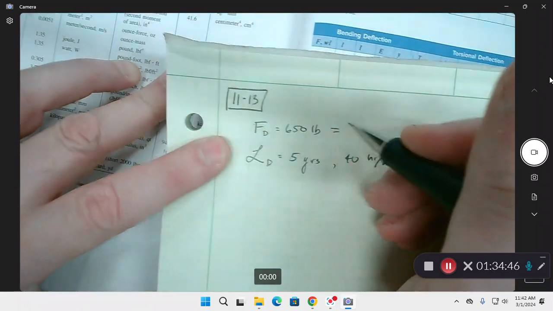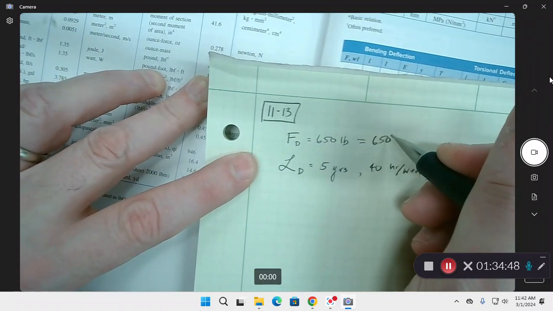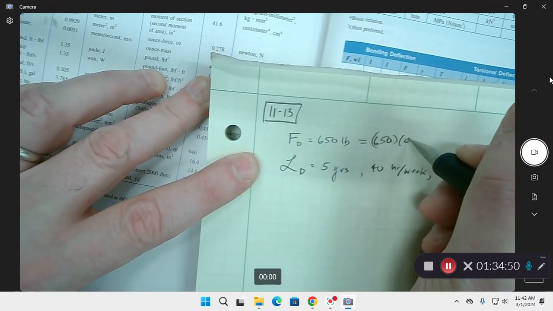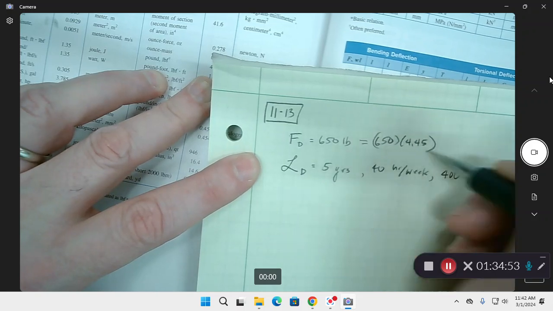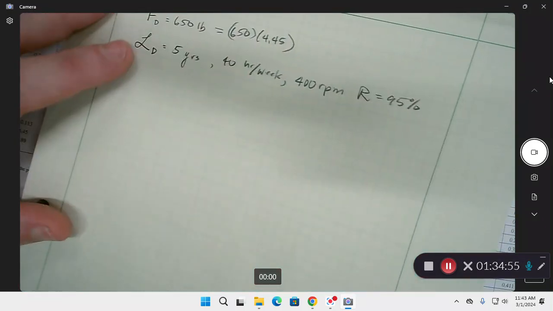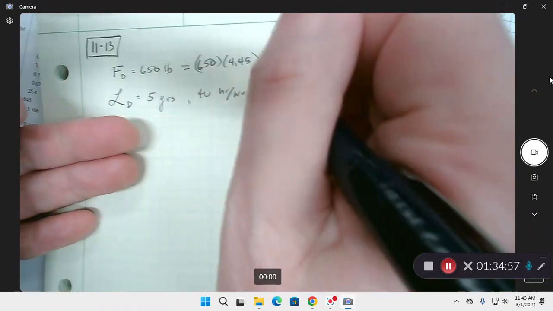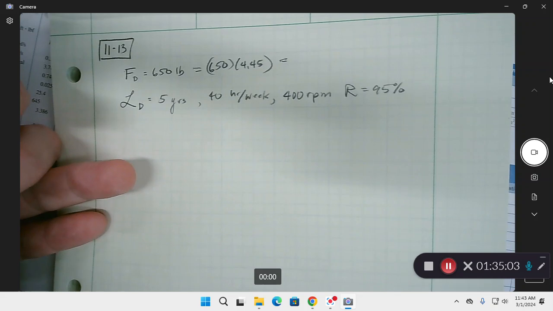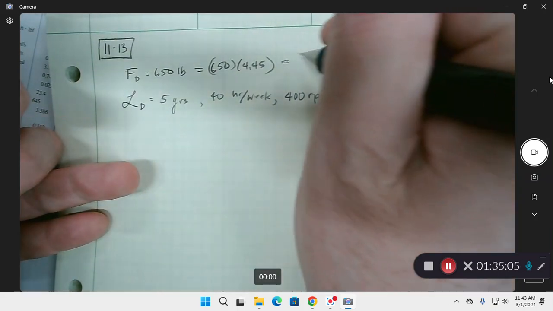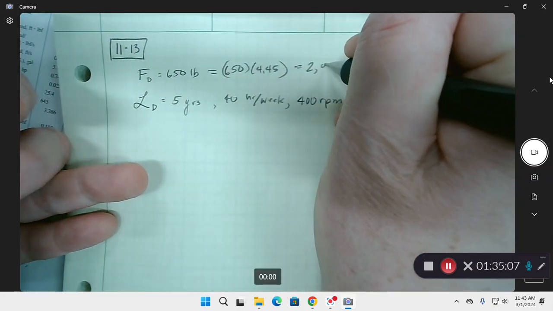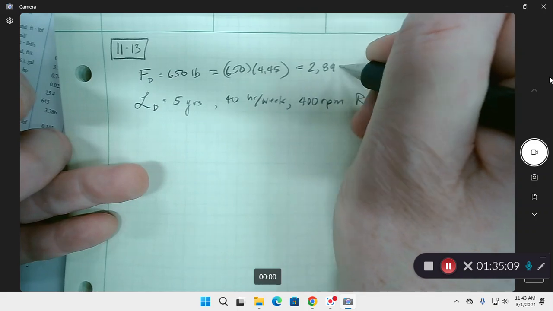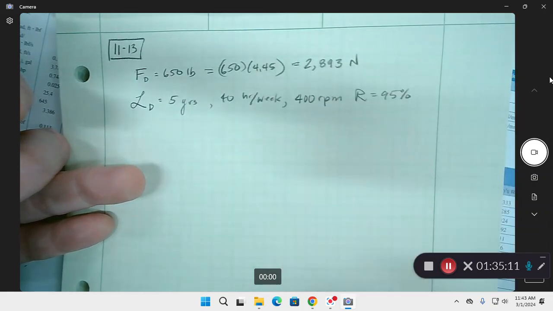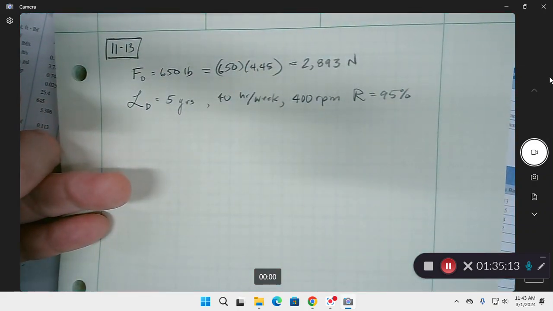So this is 650 by 4.45. It's actually 448, but that's all right. And get it into newtons: 2,893 newtons, so 2.893 kilonewtons.